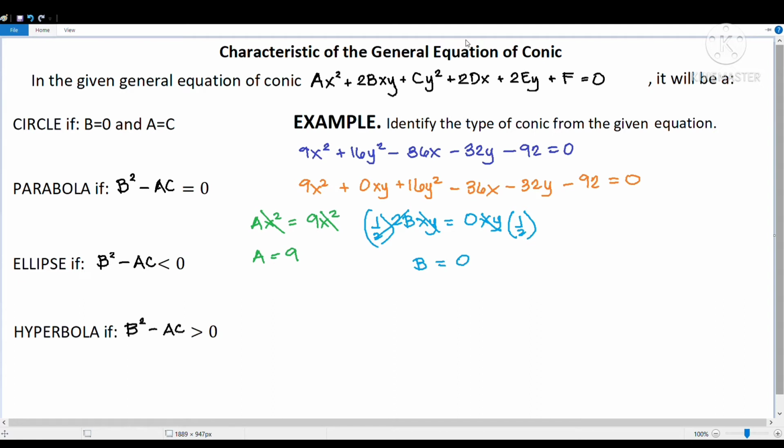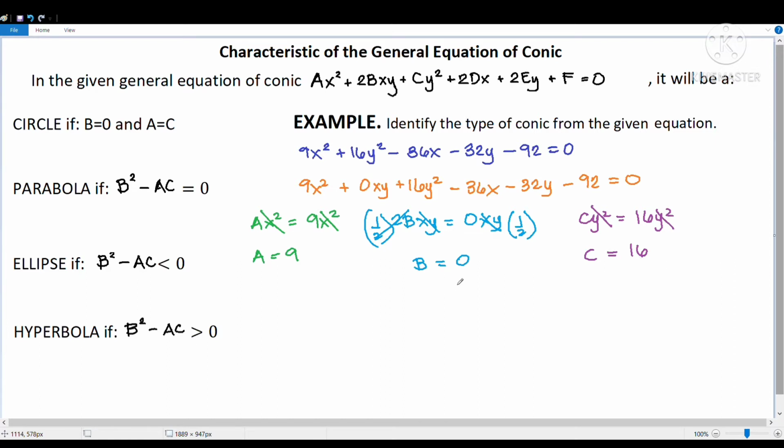And for the value of c, we have cy squared equal to 16y squared. Eliminate y squared or cancel it out. C is equal to 16. Now, since we already have the value of a, b, and c, which is 9, 0, and 16 respectively, we can now check what type of conic section this is.